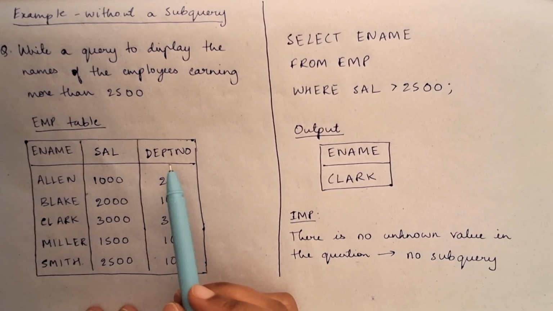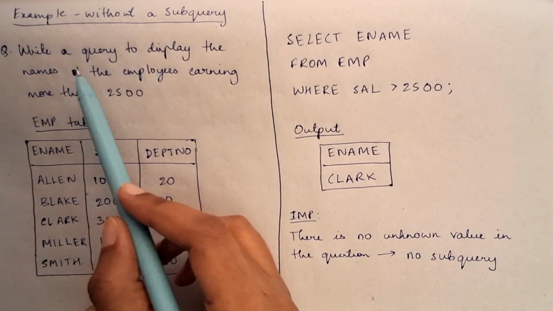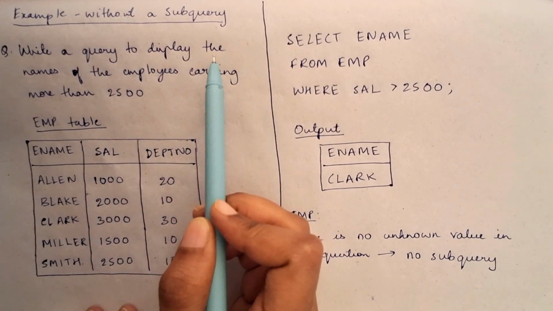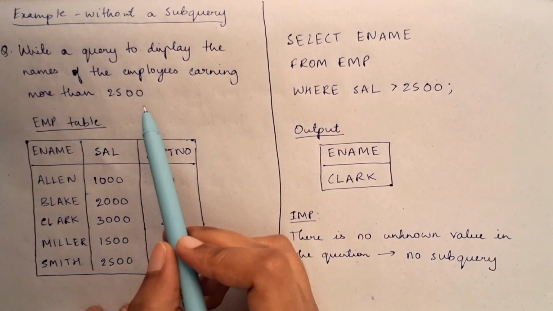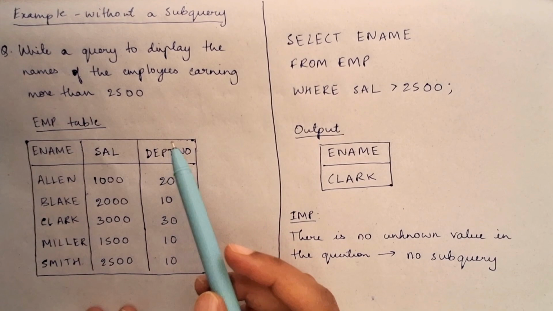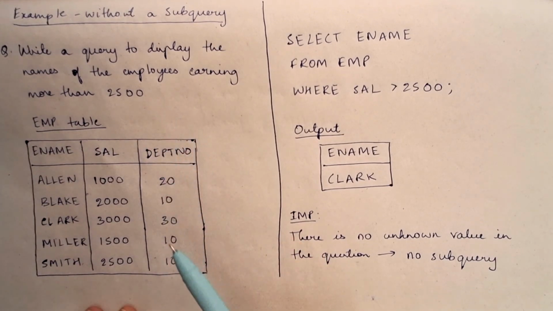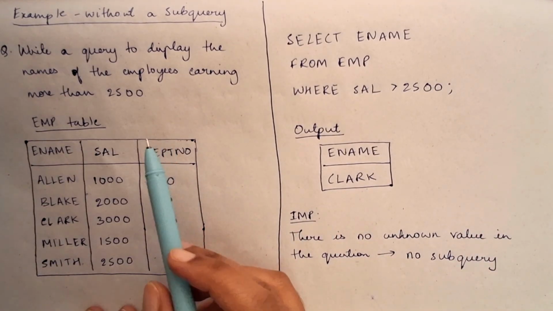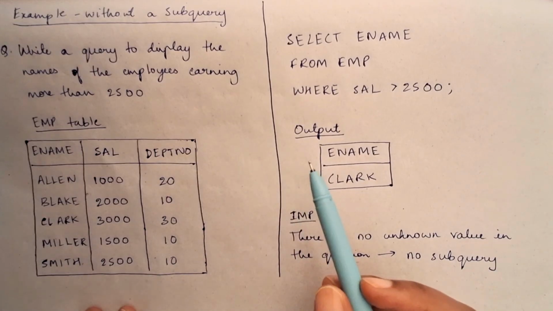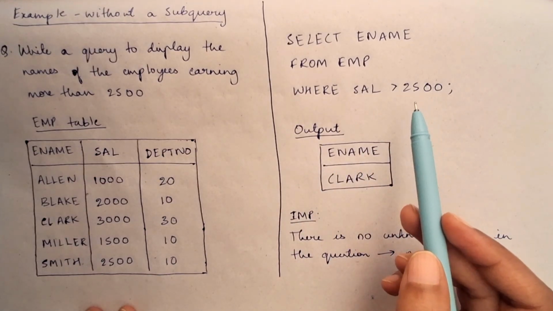Now we will look into our first question. Write a query to display the names of the employees earning more than 2,500. In this question, the value 2,500 is already given in the question. So this is a known value. Since the value is already known, we can directly compare the salary with 2,500.